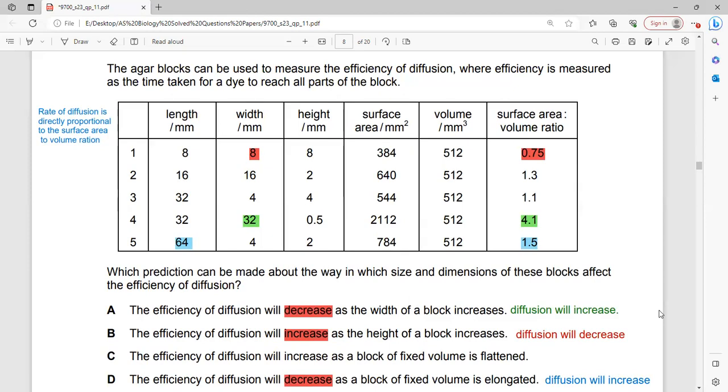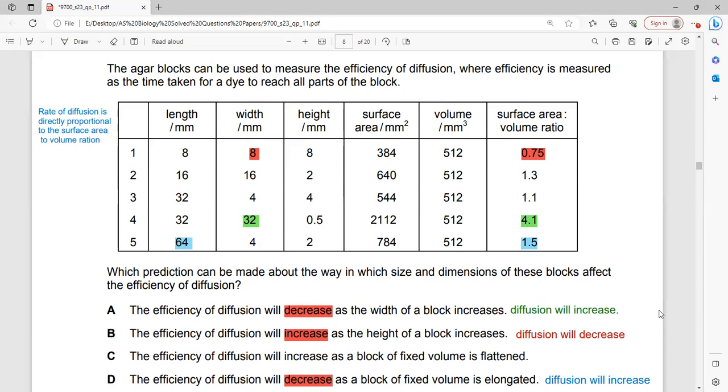The surface area to volume ratio is 4.1, the greatest in this column. So in this way, the diffusion should increase instead of decreasing, because by increasing the width, the surface area is increasing. So that's why it is a wrong option.